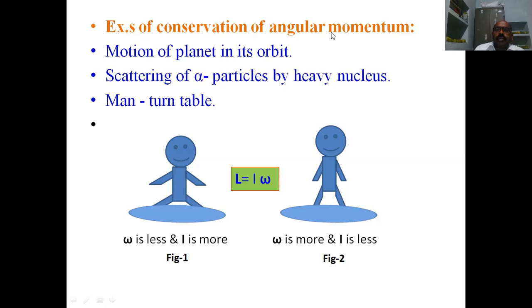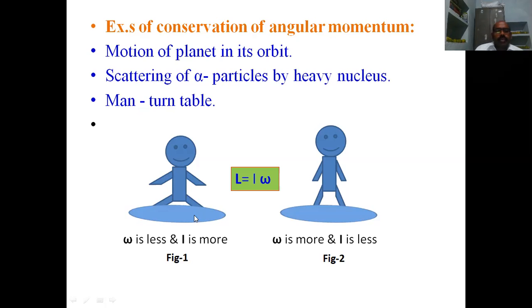So their angular momentum is conserved. Now the scattering of alpha particles by a nucleus. In this case also angular momentum is conserved. And the man on a turntable: in this case also angular momentum is conserved.